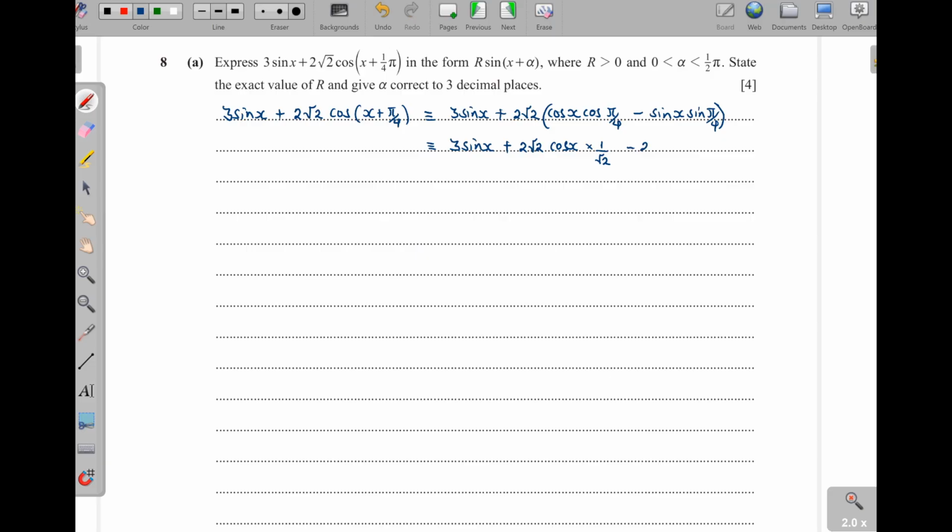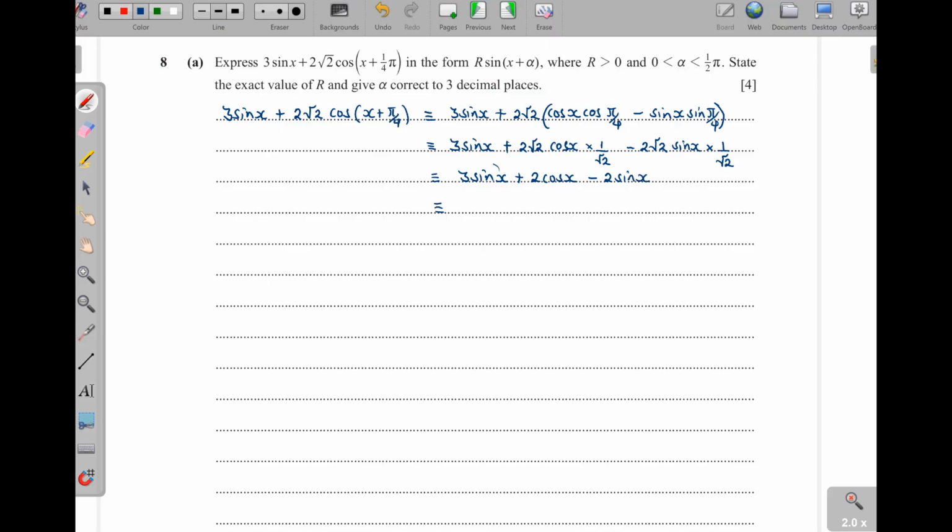Then minus, again, 2 root of 2, because remember this one has to multiply everything. Then you have sine of x here, and also sine of 45 is the same as the cosine of 45. So now we shall have 3 sine of x, then plus, remember this one has gone, so we have 2 cosine of x, and then here this one has also disappeared, so we have minus 2 sine of x.